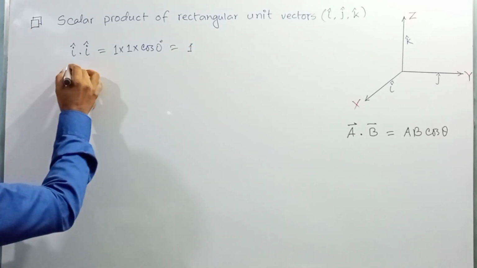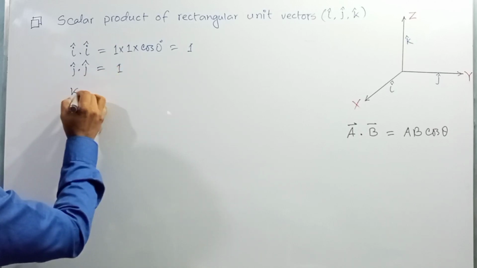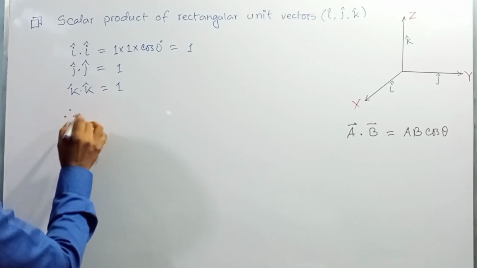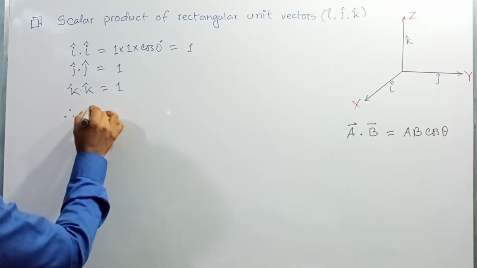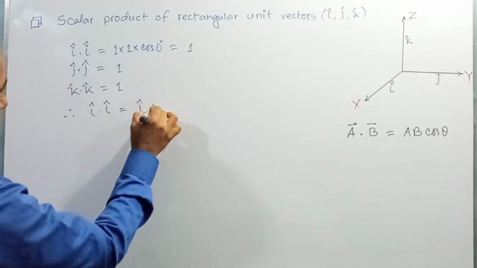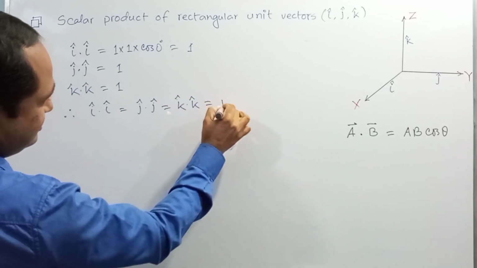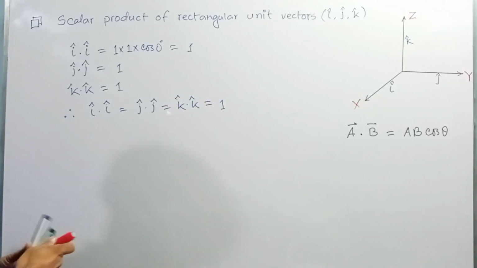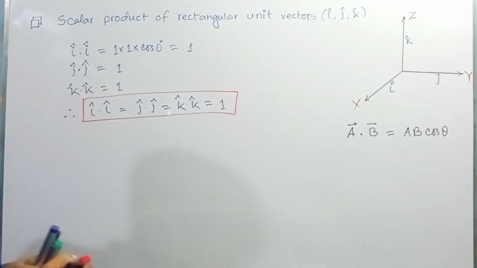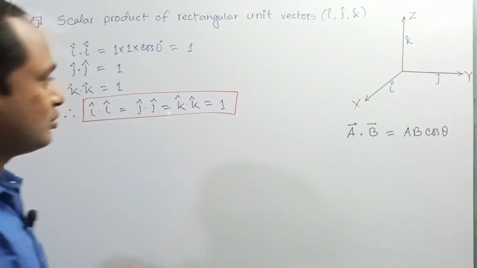Similarly, j dot j is equal to 1, k dot k is equal to 1. That is, i dot i is equal to j dot j is equal to k dot k is equal to 1, right? Dear students, the dot product of two similar unit vectors is 1.